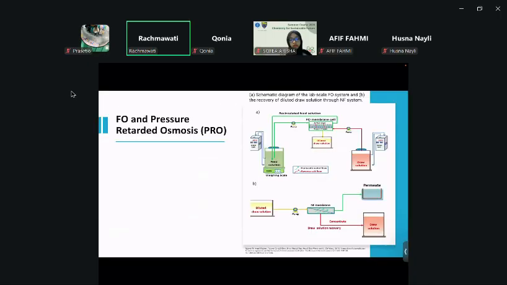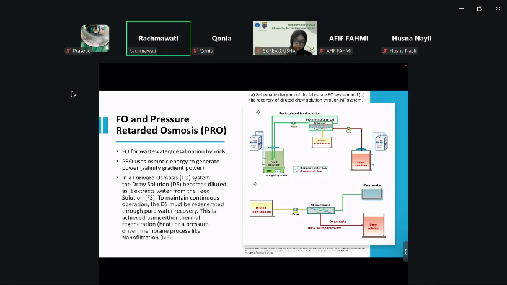And then for forward osmosis and pressure retarded osmosis, you can have, for example, wastewater or desalination hybrids with forward osmosis. But then pressure retarded osmosis uses osmotic energy to generate power, like using salinity gradient power.